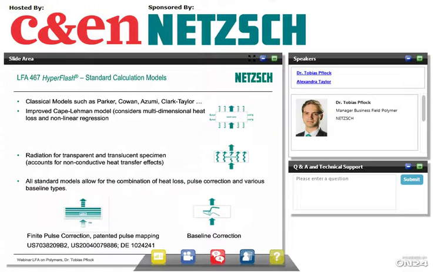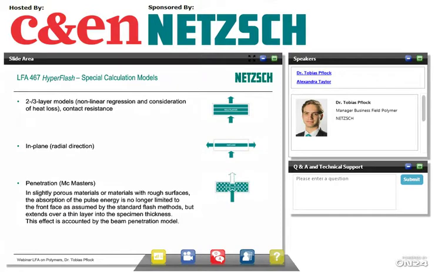So we have finite pulse correction, and we also have baseline correction to get the best signal. There's a lot more, and there are probably specialists here who could talk for an hour about these different models. You can be very sophisticated, but just two or three more things.